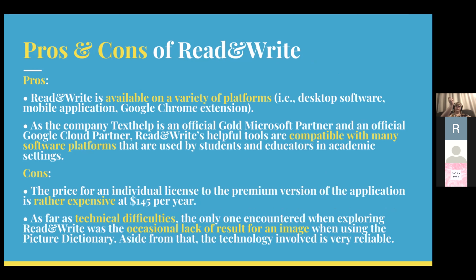Sometimes when I would click on a word, it would not give a picture for that word, but it was only very occasionally that would happen, in which case the student would hopefully be able to Google what the word meant, and the images in Google Images would pop up for that particular thing if they were struggling with visualizing that word. But aside from that, the technology that is built into Read and Write is very reliable.